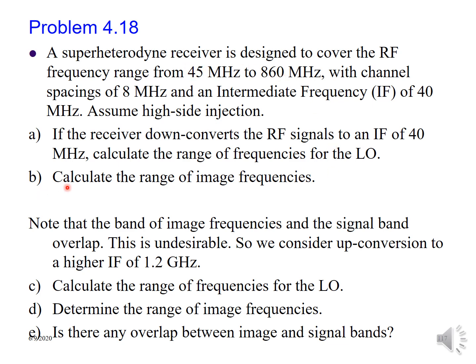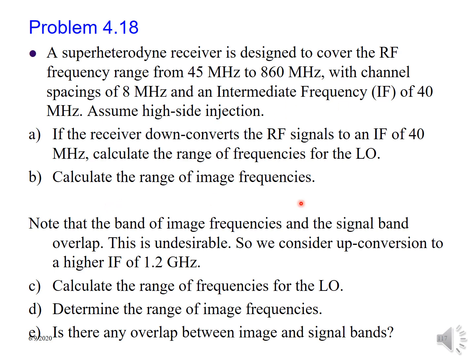The calculation uses FLO equals FIF plus FRF. And the next one is to calculate the range of image frequency. We know that this one will come at plus 2IF of the LO.